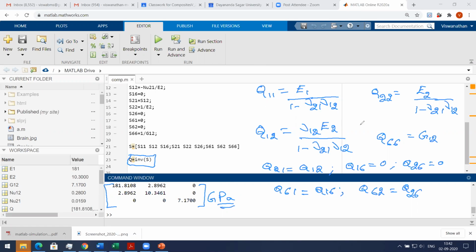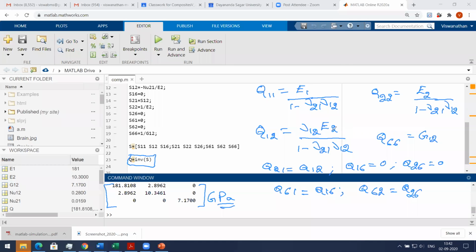Have you noted down these formulas? Please note them down. Sir, while substituting the values, we have to take them in GPa format only, sir. Yes, if it's already in GPa, you keep it in GPa itself. Why do you want to convert it into powers of 10? That is unnecessary complication.